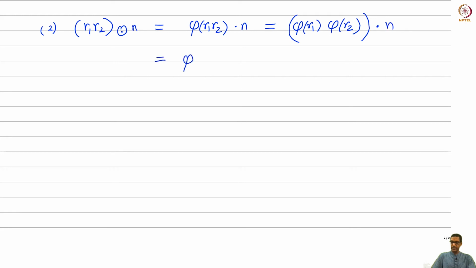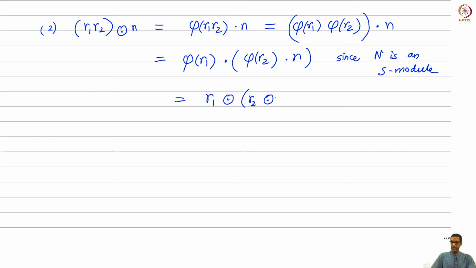How does the product act? Since N is an S module, and that's what we need, because this is now R1 acting on R2 acting on n.